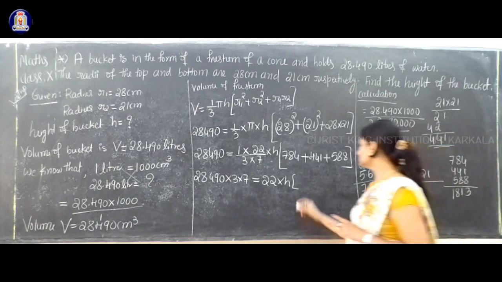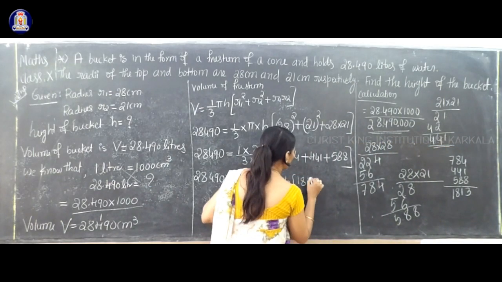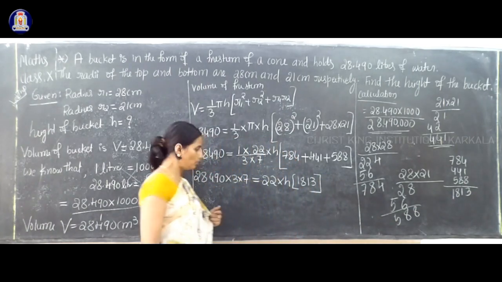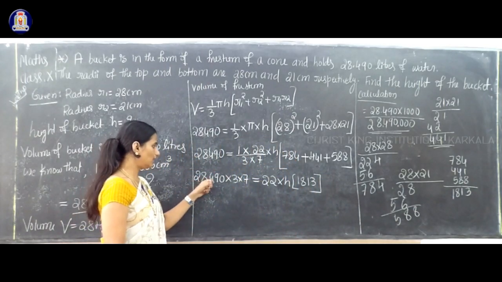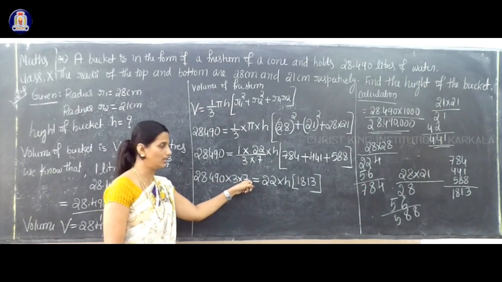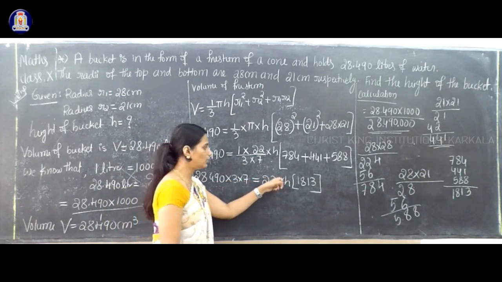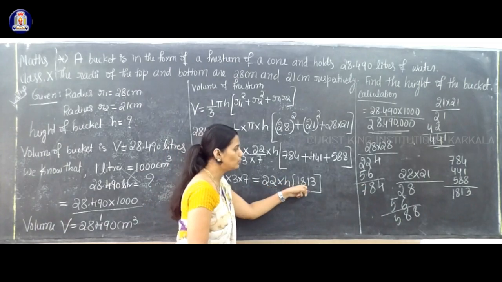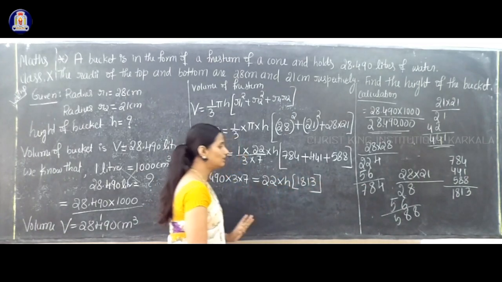Correct? So your answer is 1813. How to read now? 28,490 into 3 into 7 is equal to 22 into h into 1813.